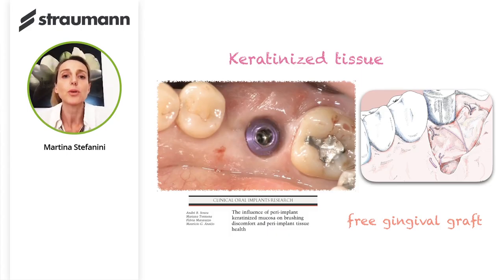Why do we want to increase keratinized tissue? Because we don't know exactly from the literature if we really need keratinized tissue to improve peri-implant health, but clinically, for sure, we know that if we want to improve plaque control in our patient, it is always better to have a stable band of dense keratinized tissue attached to the periosteum, because that helps a lot to improve oral hygiene procedures.